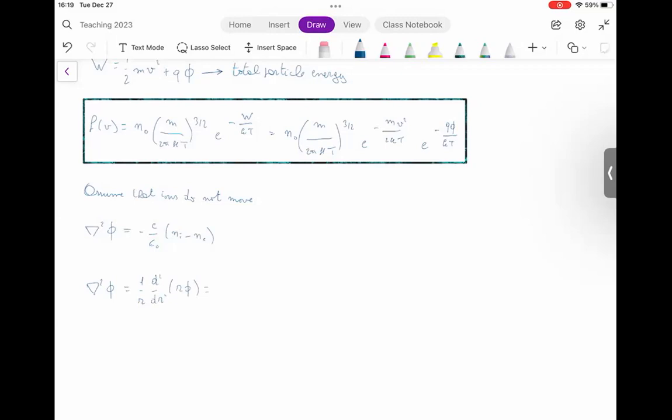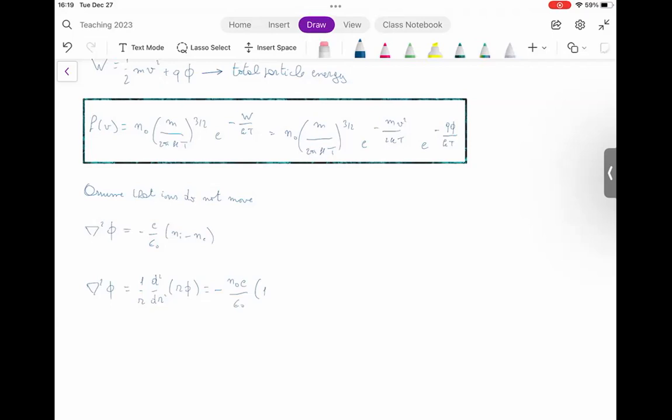Now, I did say that the ions do not move, and I did that for a reason, because now I can say, well, okay, I'm going to have n0, it's going to be a common factor, I pull it out, times e, electric charge, divided by epsilon 0. For the ions, that's all there is to it, because I have n0 ions. That's the number of my ions.